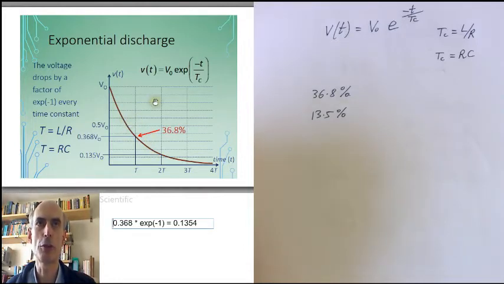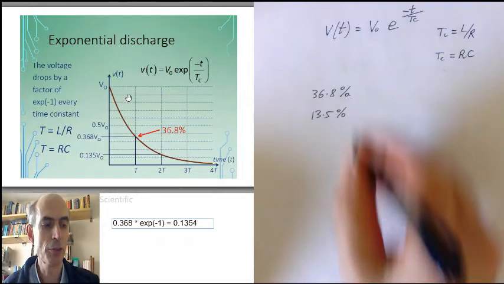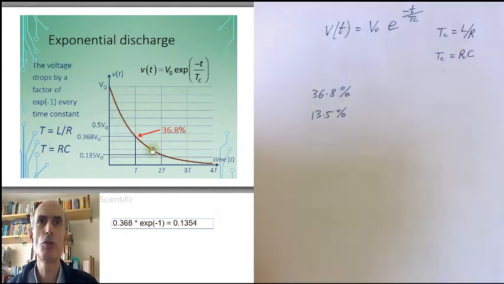One point I'll mention here is we quite often try and measure these time constants in the lab. And we don't want to plot the entire curve in the lab to see when it goes down to 36.8% of where it started. So if we're plotting these things in the lab, typically we'll take two readings, approximately one time constant apart.